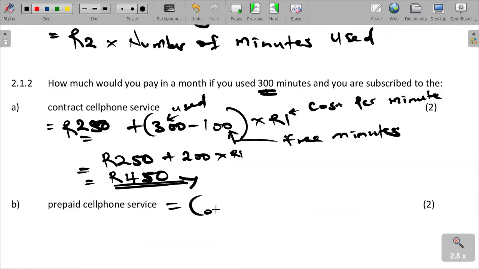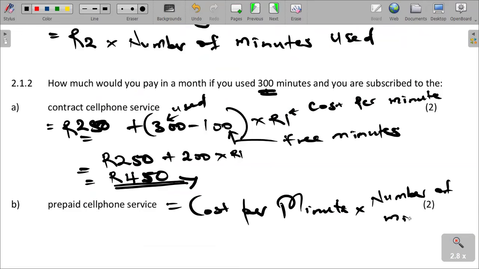Cost per minute multiplied by number of minutes. That is given that the cost per minute is 2 rand. It is given that it is 2 rand per minute, which is given there in our contract.